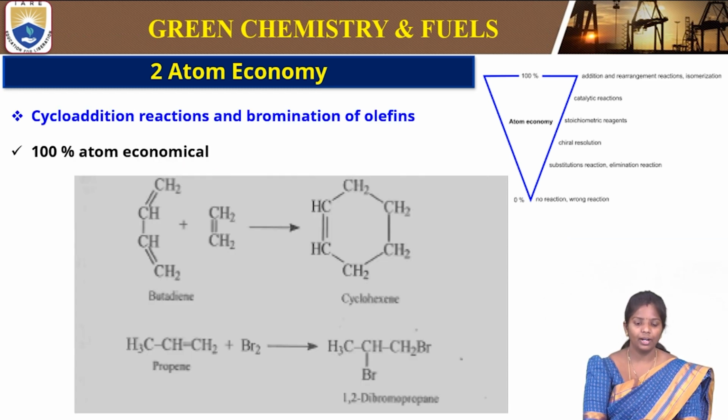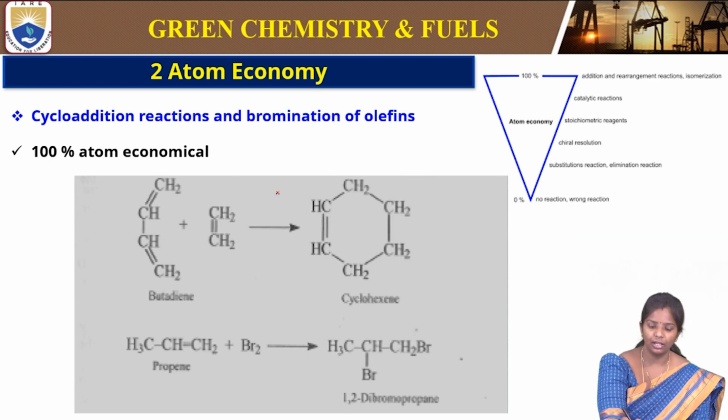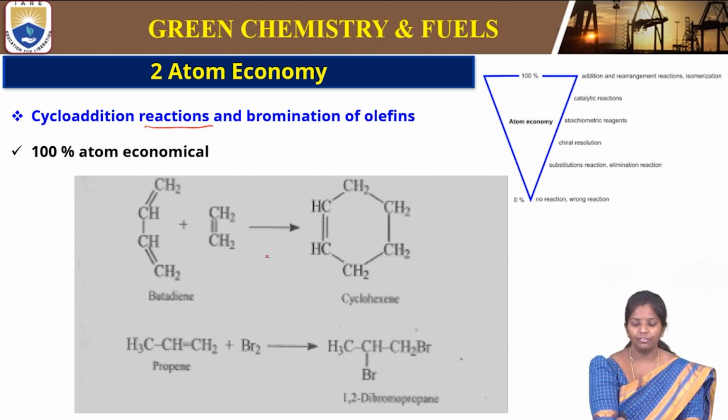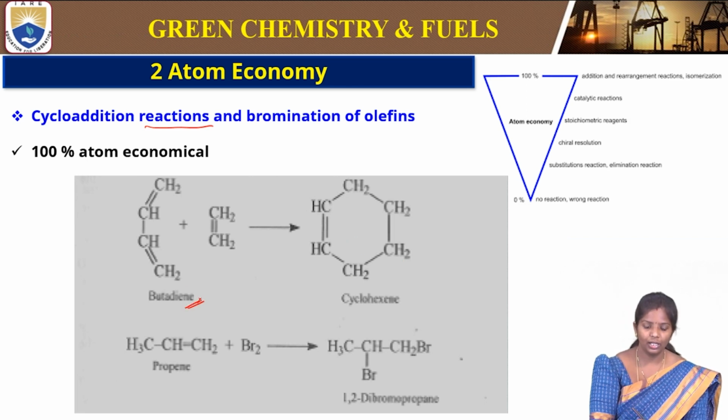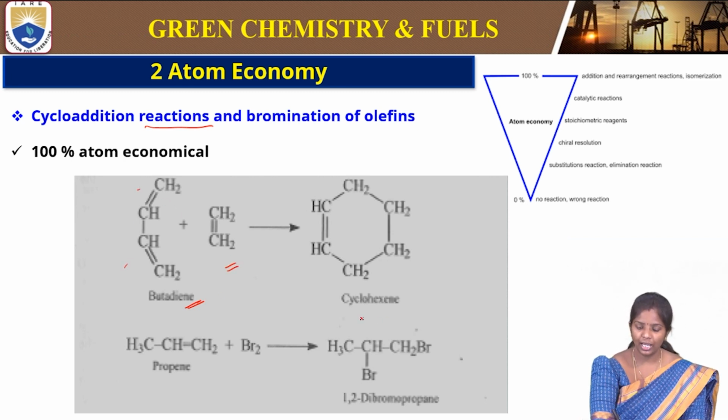Next come the cycloaddition reactions and bromination of olefins. Cycloaddition is adding up the atoms of the reactants, forming a cyclic molecule. An example is butadiene with two unsaturations reacting to form cyclohexene.